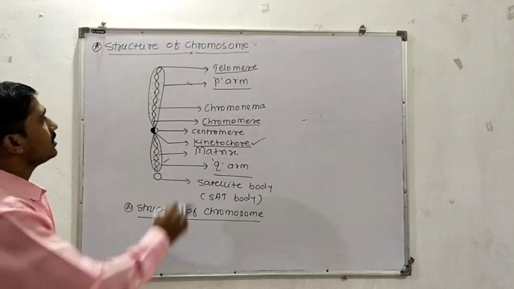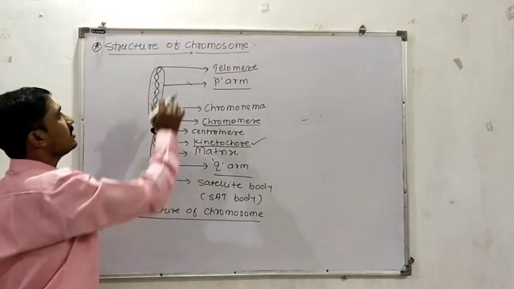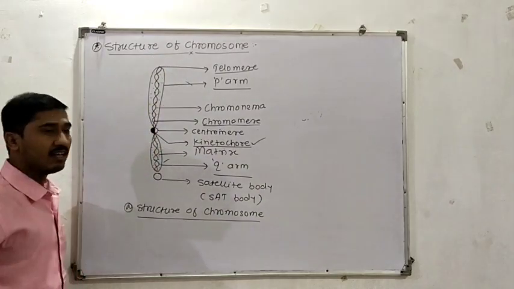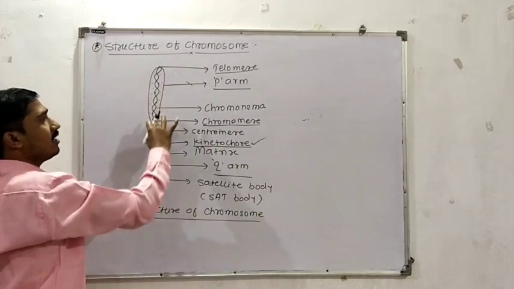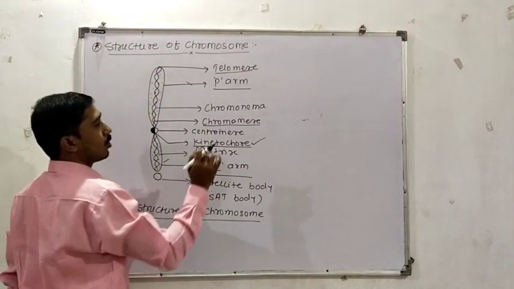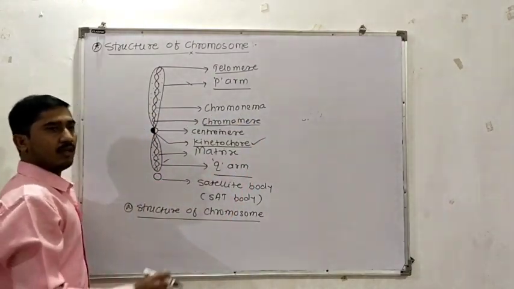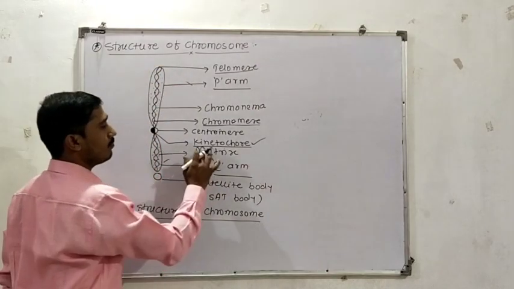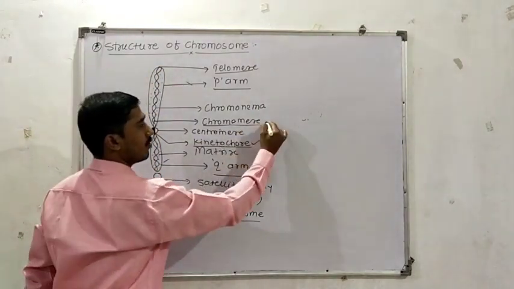Then these two arms consist of a part of DNA, a double-stranded structure, and the part of DNA carried by these chromatids is called chromonema. On the chromonema there are bead-like structures, we call them chromomeres.